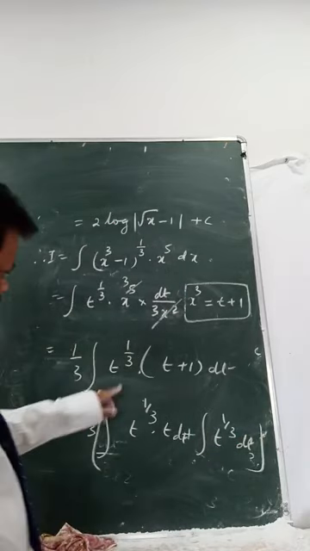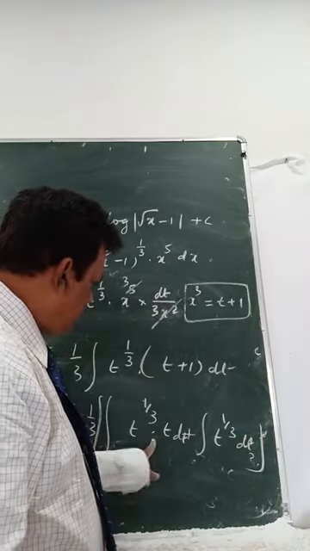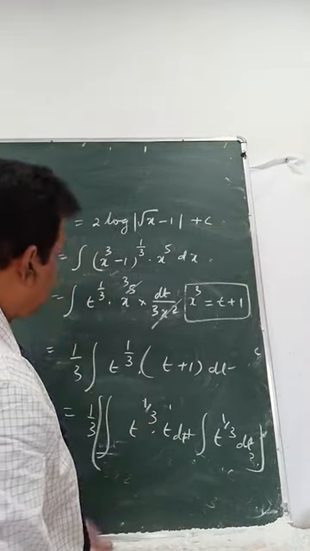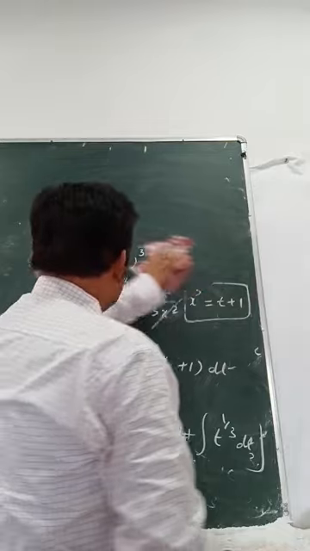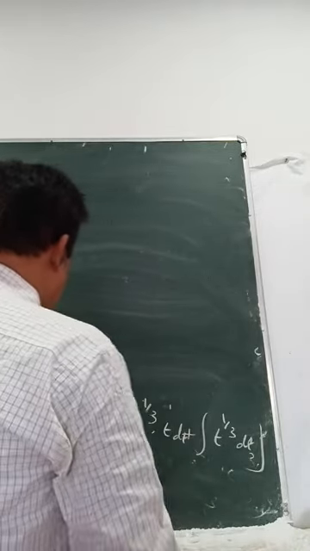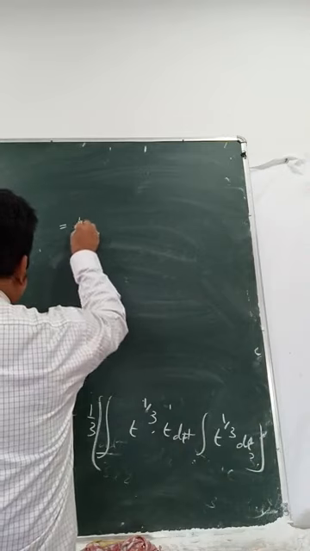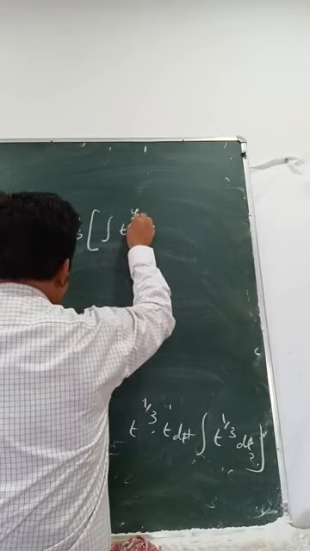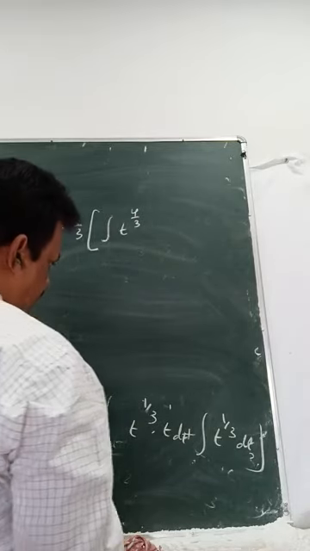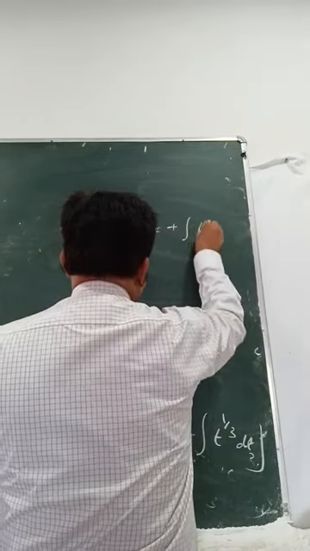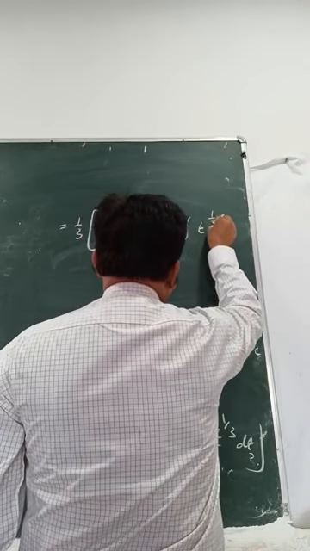Okay, this I multiplied, this I multiplied here. Now add the power. If you add the power, what do you get here? This is 1 by 3 integration of t to the power 4 by 3 dt plus t to the power 1 by 3 dt.